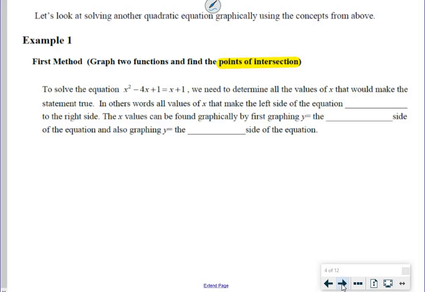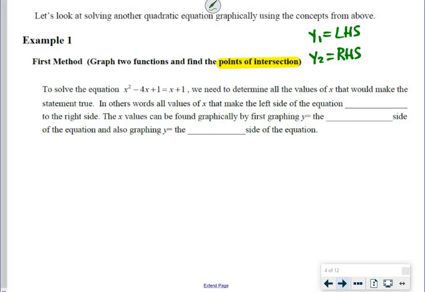Okay, let's look at solving another quadratic equation graphically using the concepts from above. So the first method, what we do is we graph two functions and find the points of intersection. So we put y1 is the left-hand side of the equation, and we put y2 equals the right-hand side of the equation.